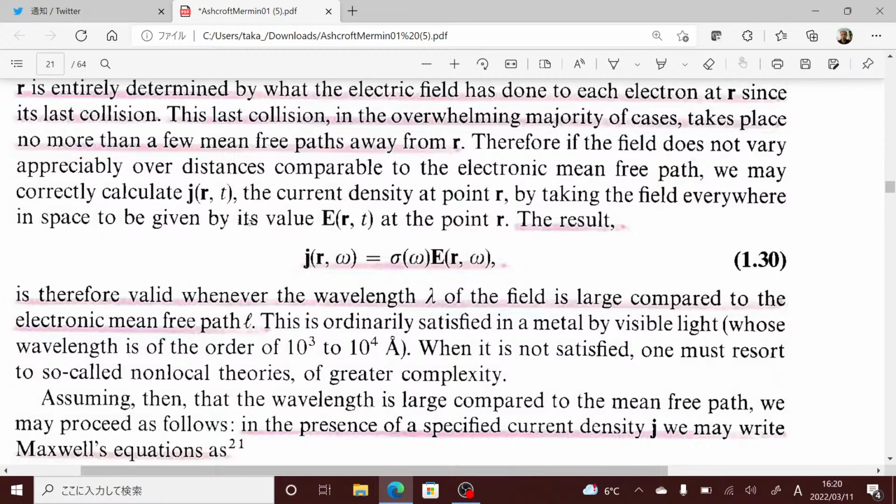This is ordinarily satisfied in a metal by visible light whose wavelength is of the order of 10^3 to 10^4 angstrom. When it is not satisfied, one must resort to so-called non-local theories of greater complexity.